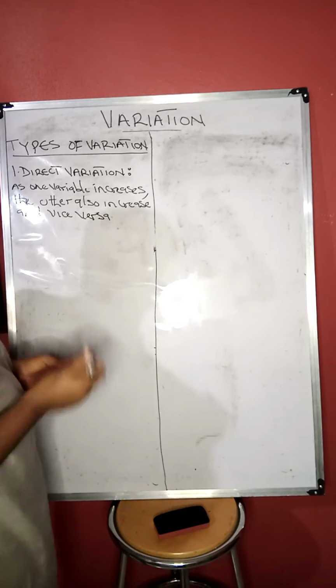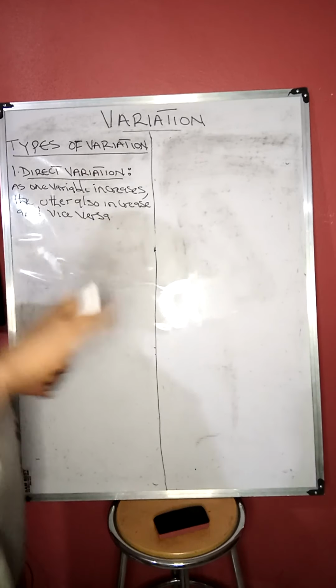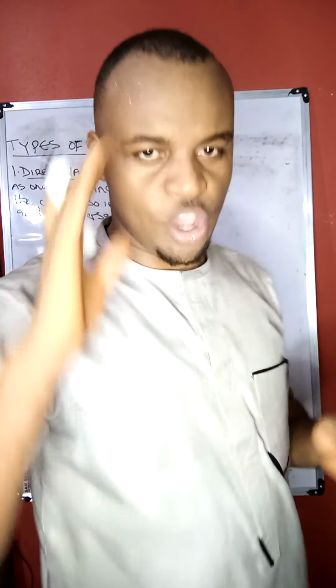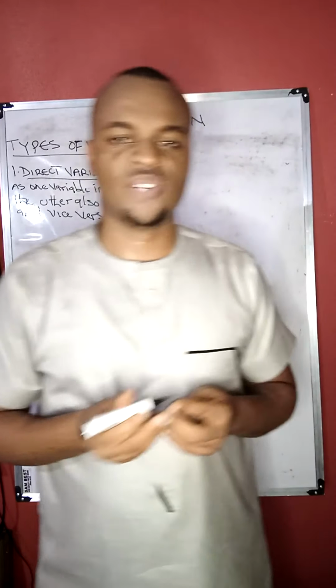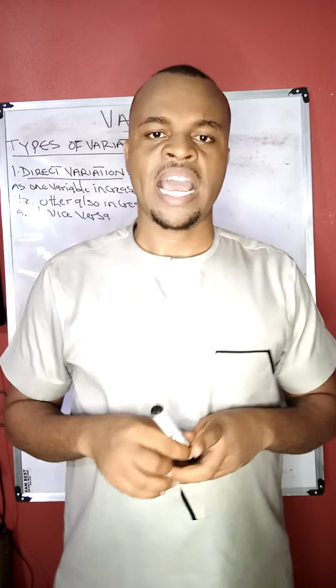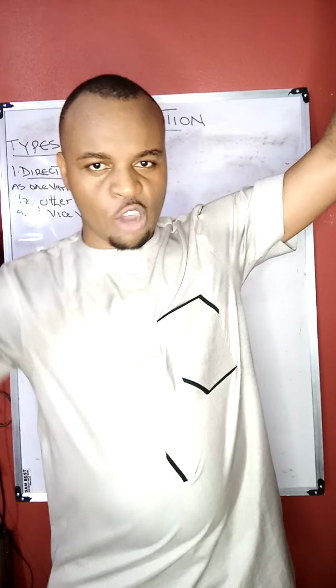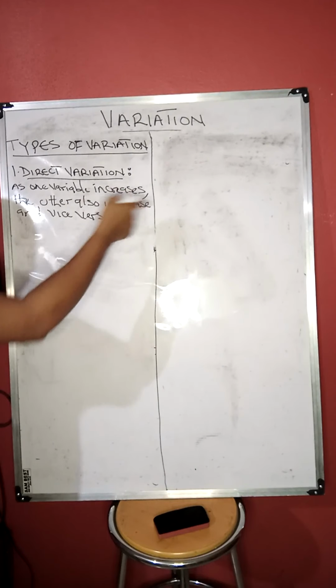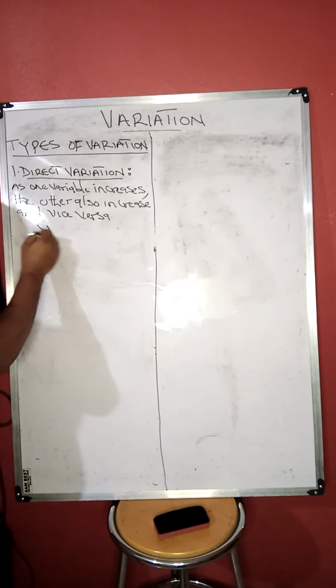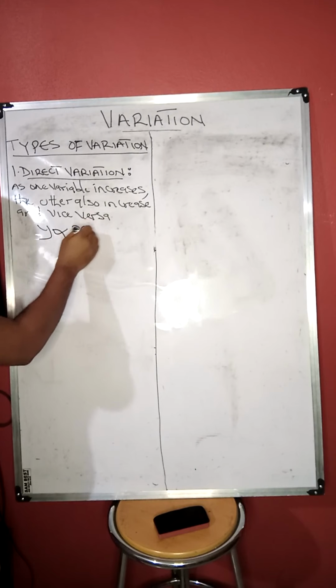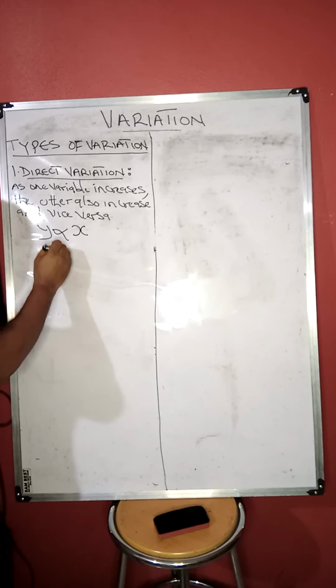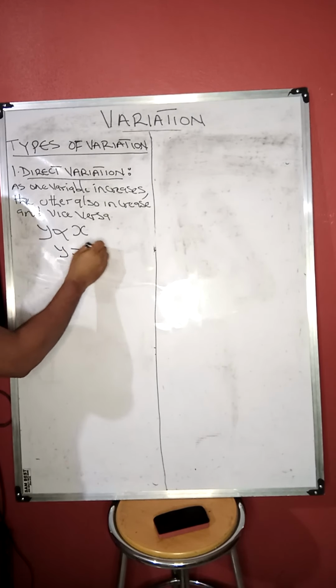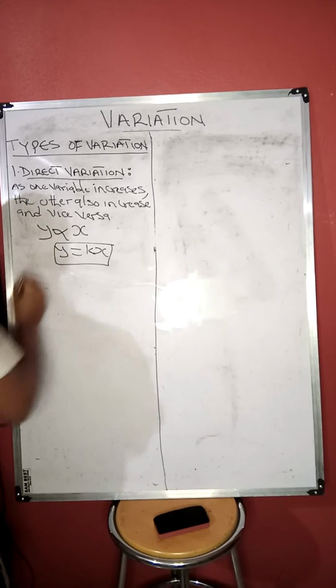As one variable is going up, the other is also going up. An example of direct variation is the one we just did, where y varies directly as x. Then finally, you have it as y equal to Kx. This is direct variation.